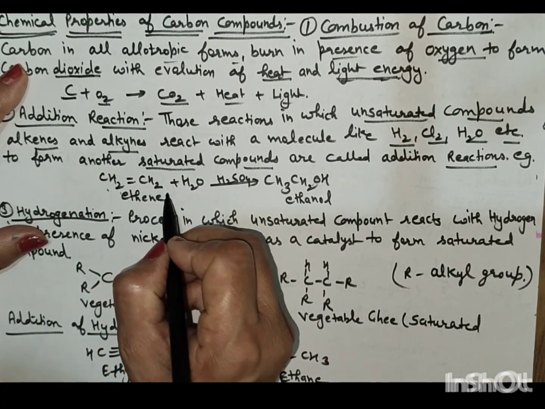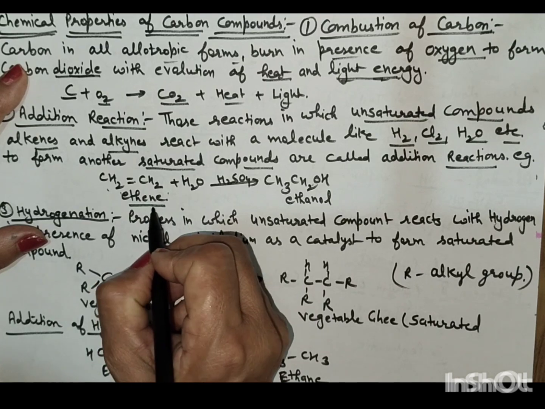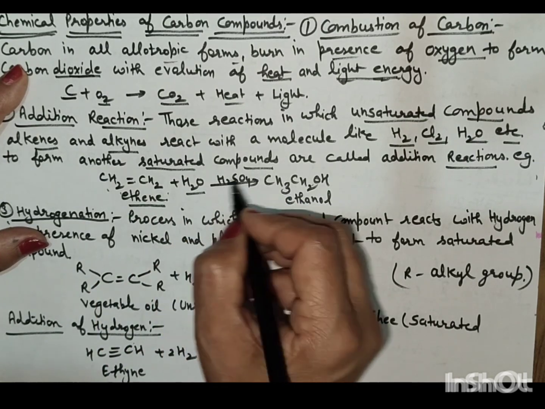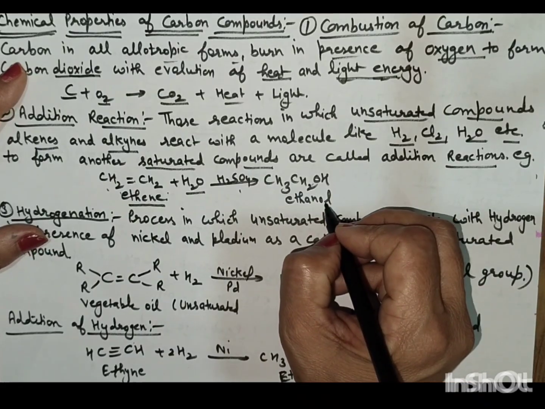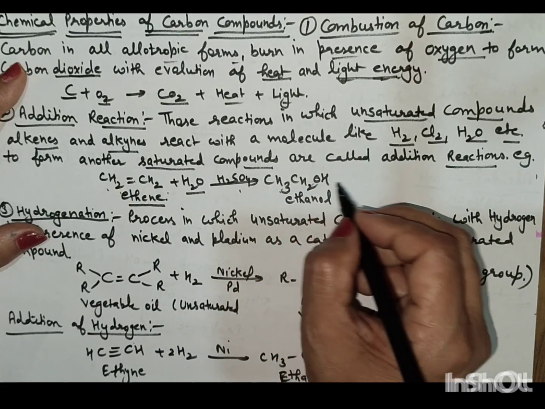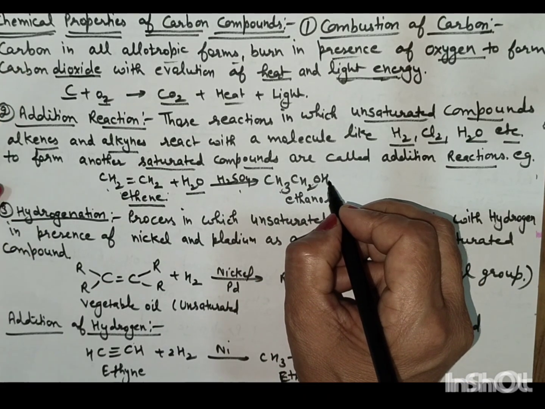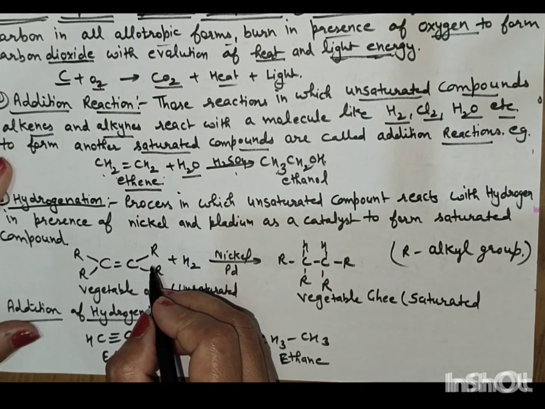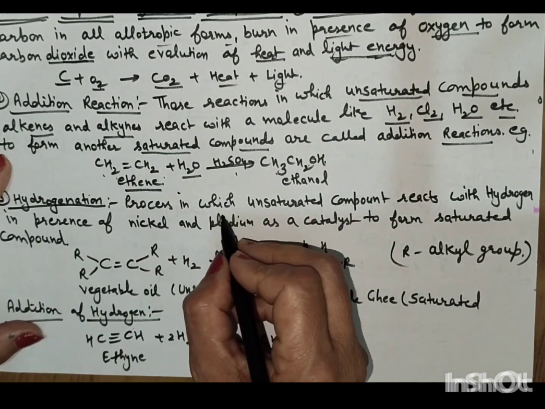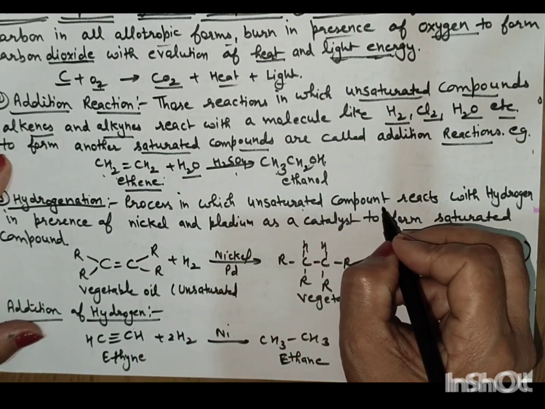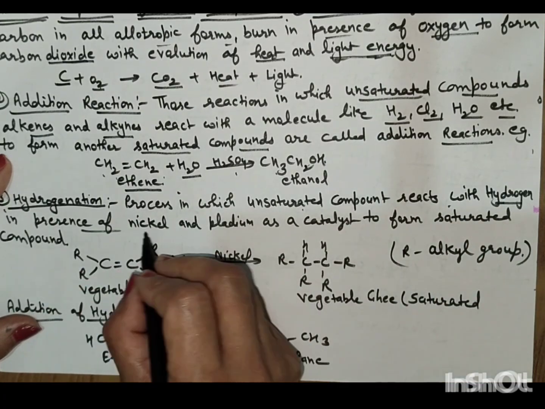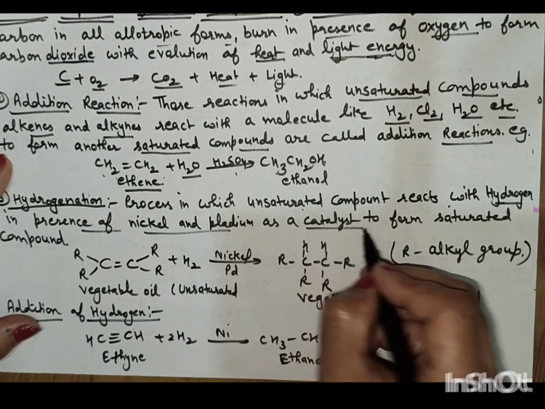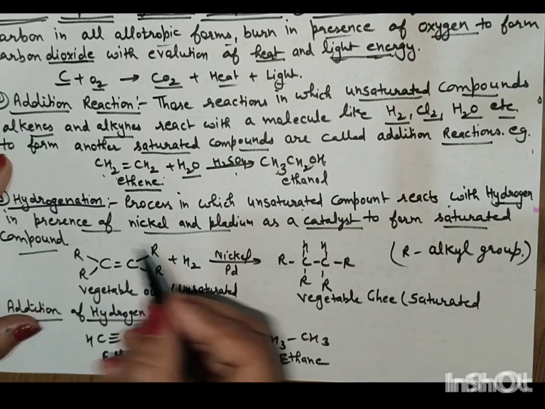CH2=CH2: if we react ethene with water in the presence of H2SO4, then it forms ethanol, CH3CH2OH. Hydrogenation: the process in which an unsaturated compound reacts with hydrogen in the presence of nickel or palladium catalyst to form a saturated compound.